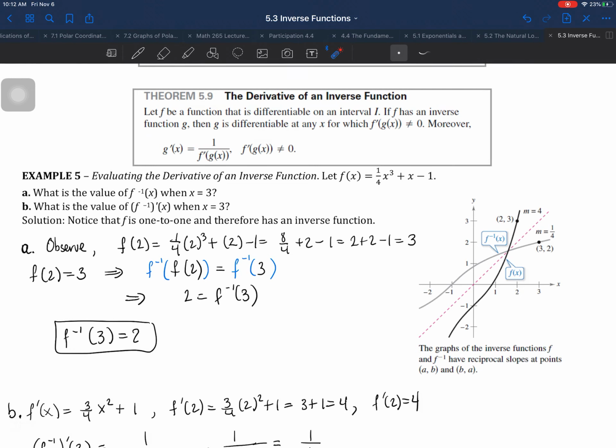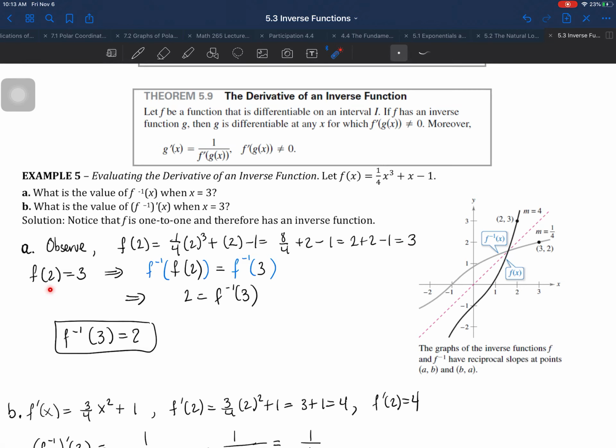In example 5, we use this to help us have a better understanding of this theorem. We're given this function f, and we're going to find the value of f inverse of x when x equals 3. We need to find f inverse of 3. First, observe that f of 2, when you plug it into the original function, gives you 3.